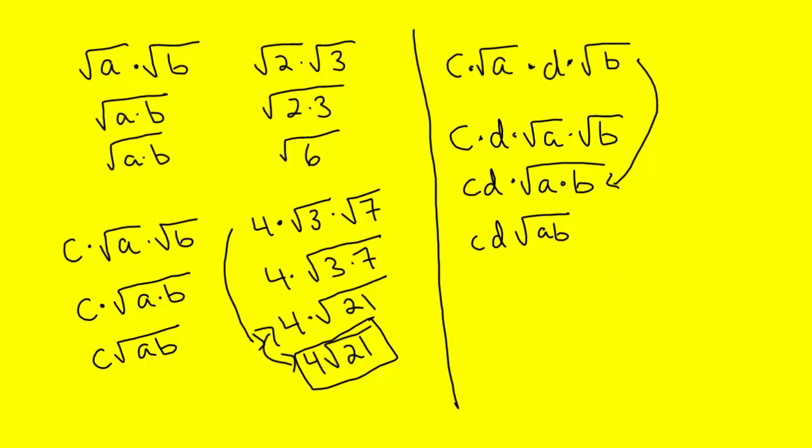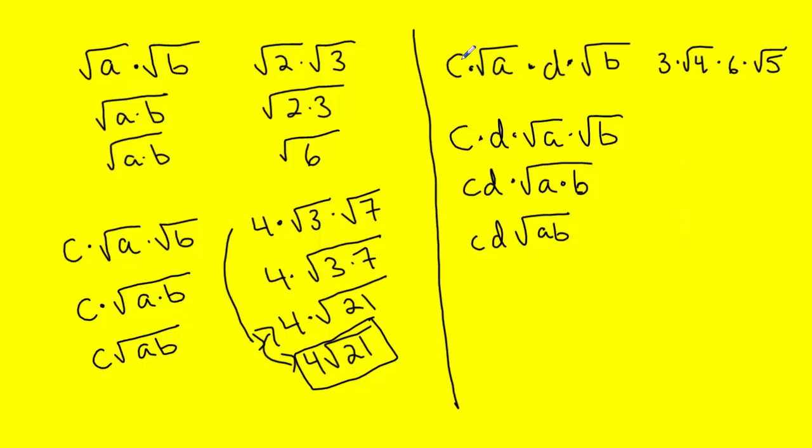Now let me give you a more specific example. Let me make up some numbers: 3 times the square root of 4 times 6 times the square root of 5.